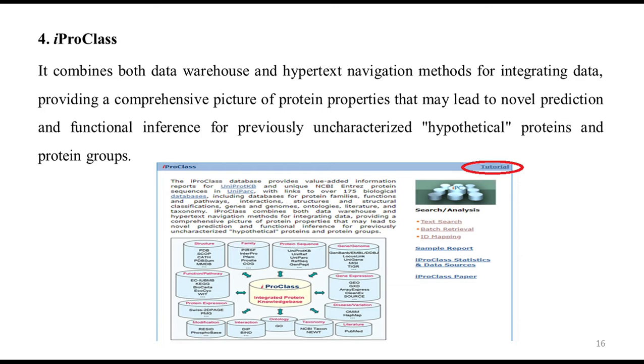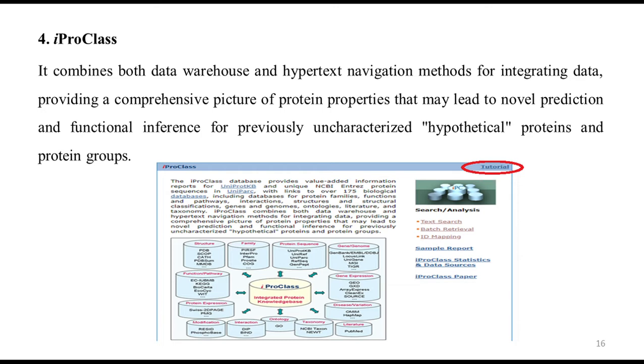In iProClass, there is a tutorial tab in the right corner. You can simply click on it and a PowerPoint presentation will be downloaded, which will guide you on how to use the iProClass resource. There are also options of text search, batch retrieval, and ID mapping, which are the search and analysis tools. Other options are sample report, iProClass statistics and data sources, and iProClass paper.